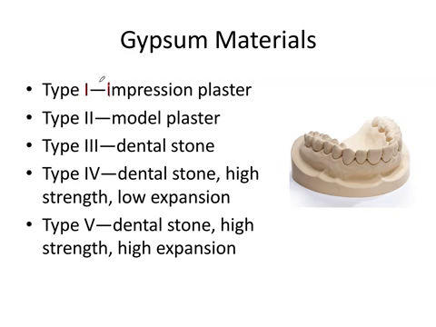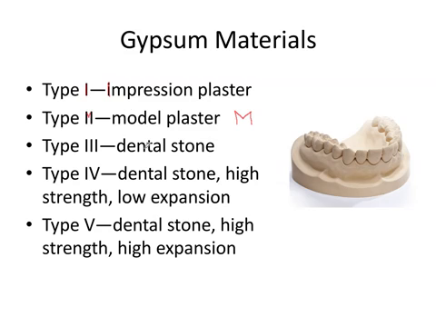So I remember that. Type 2 gypsum is model plaster. How I remember this one is that an M has 2 vertical lines on it. So that lines up with the 2 vertical lines of the Roman numeral 2. So that's how I remember model plaster.